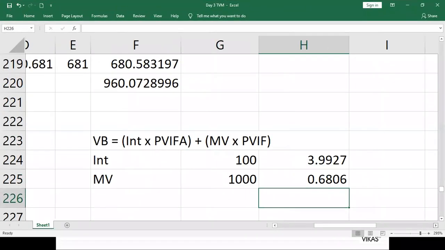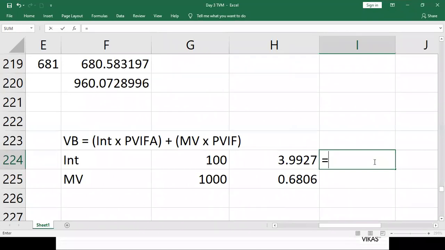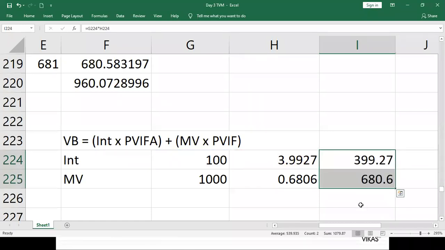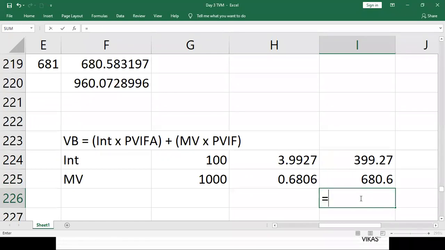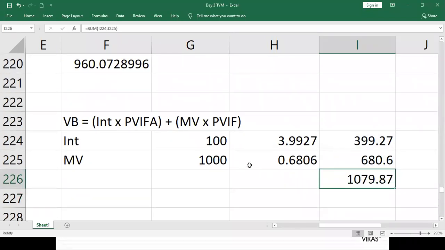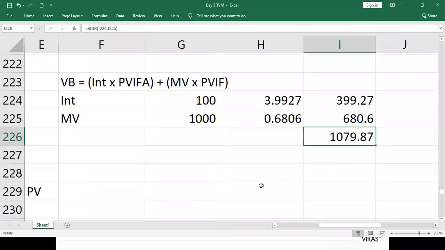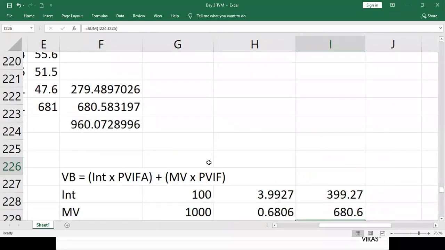Now see the answer. See the magic: 100 into the value, then see the answer. Have we got the same answer?